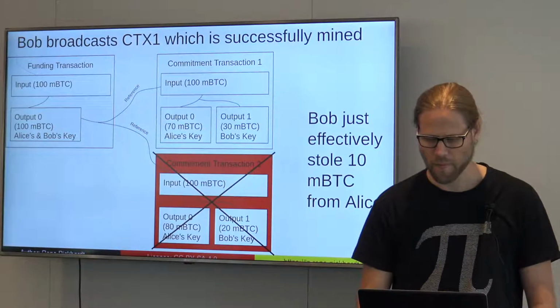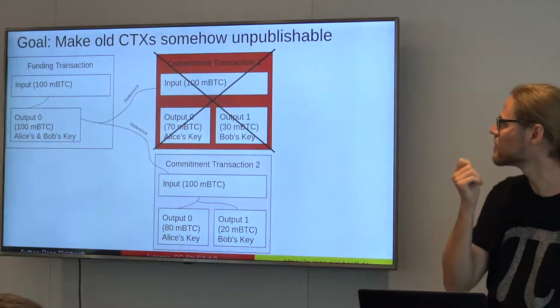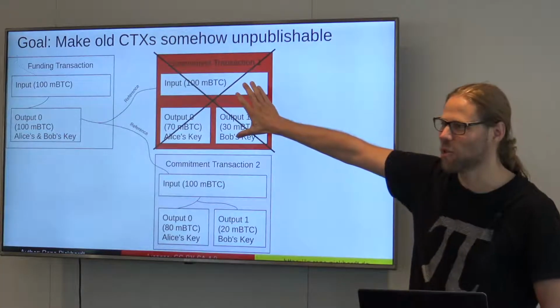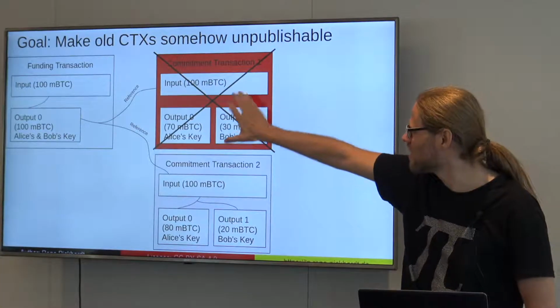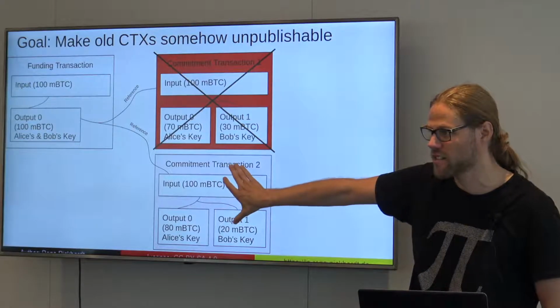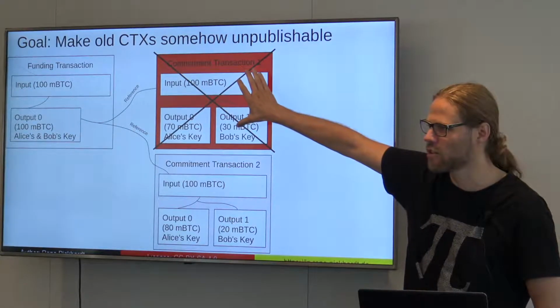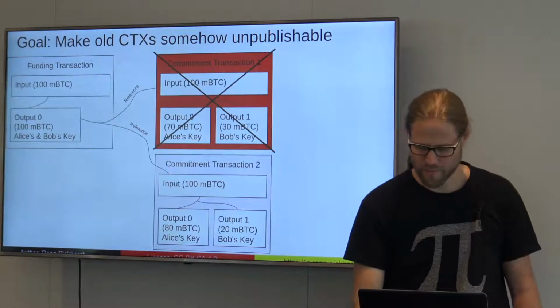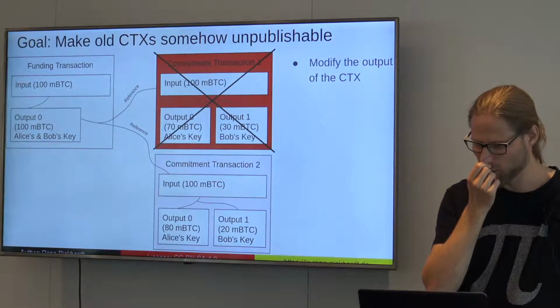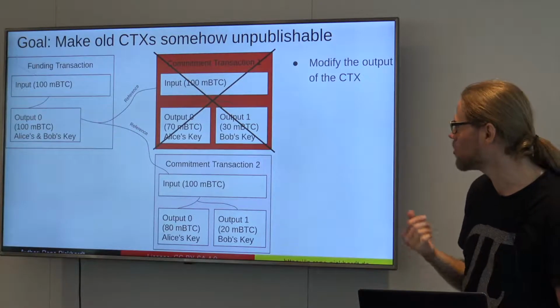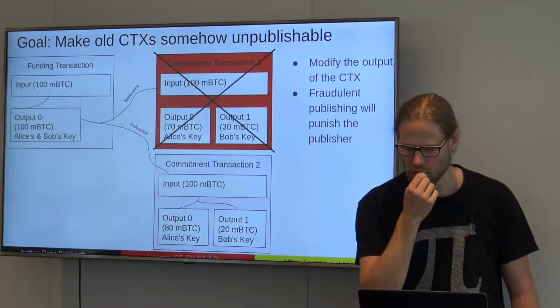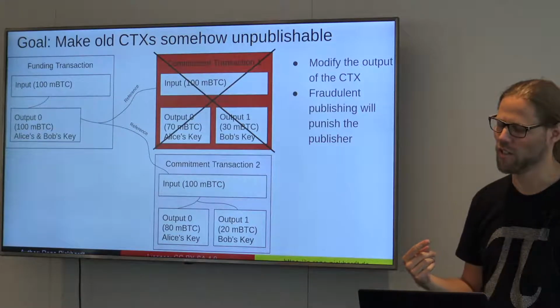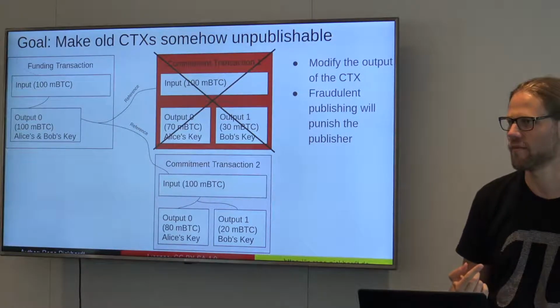Okay, so how do we do this? Again, this is our goal. Make sure that as soon as we have this one and it is still unpublished, this one cannot be broadcast for some reason. So we do this by modifying the output in the commitment transaction so that fraudulent publishing will punish the publisher.